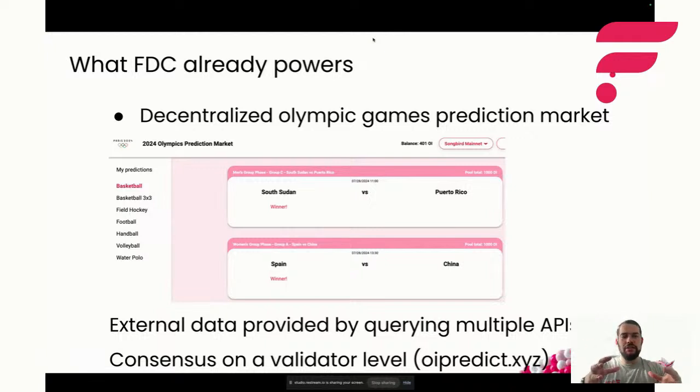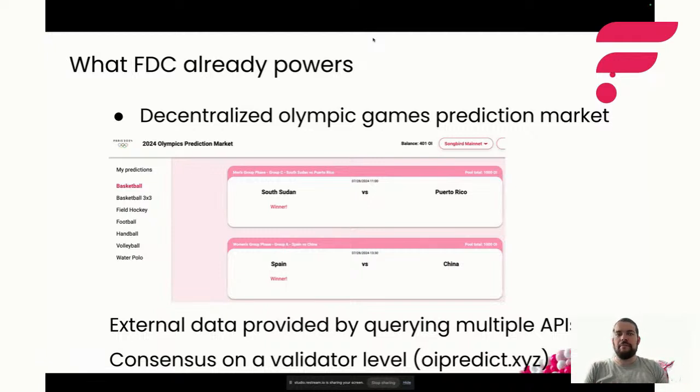What it allowed us to power was a full decentralized Olympic Games prediction market where you can make a bet, and the resulting outcome of this bet would not be decided by somebody clicking a button or by somebody saying, yes, this did happen, but would be settled by the whole network observing a predetermined, deterministic thing. Okay, that's what we're going to consider a win, and that's what we're going to settle upon.